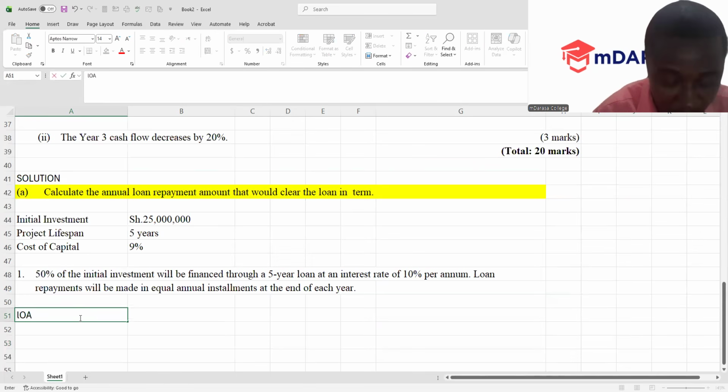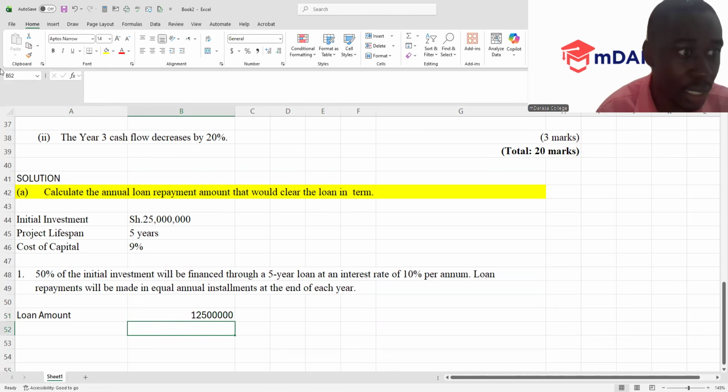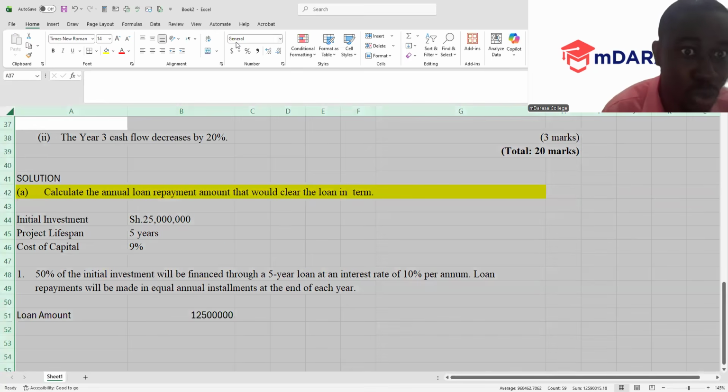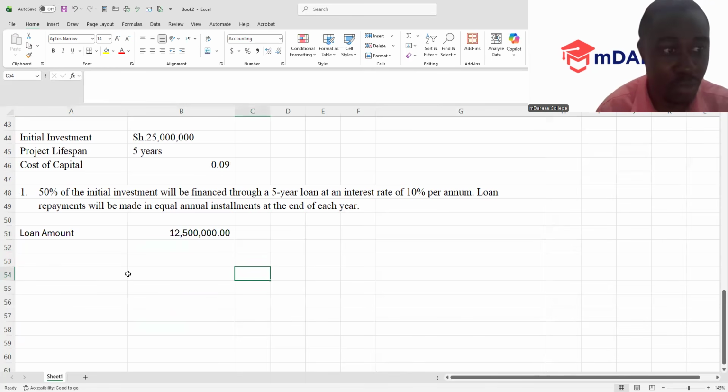So take the loan amount, which will be 50% of 25 million, so 0.5 times 25 million. Right now, if I told you to talk of the loan that you're going to take, the loan will be 12.5 million.